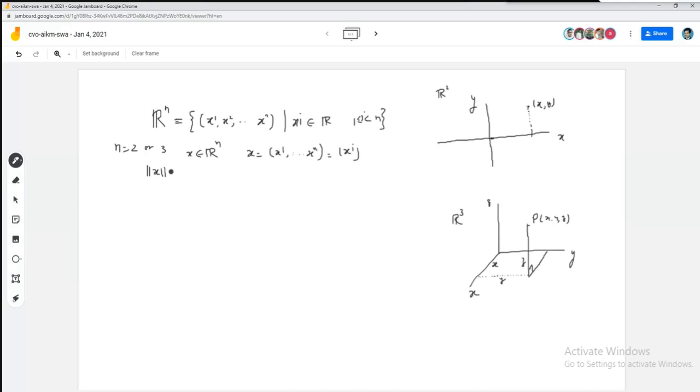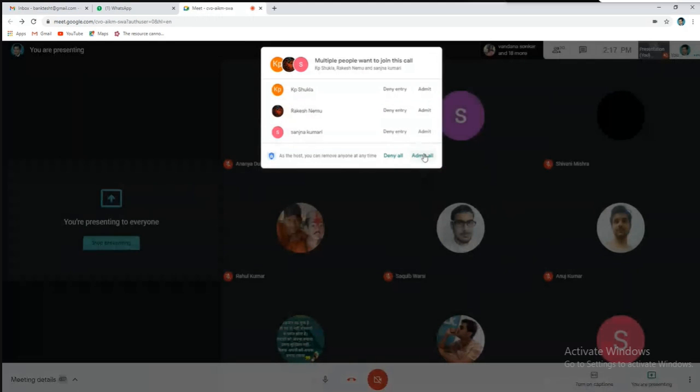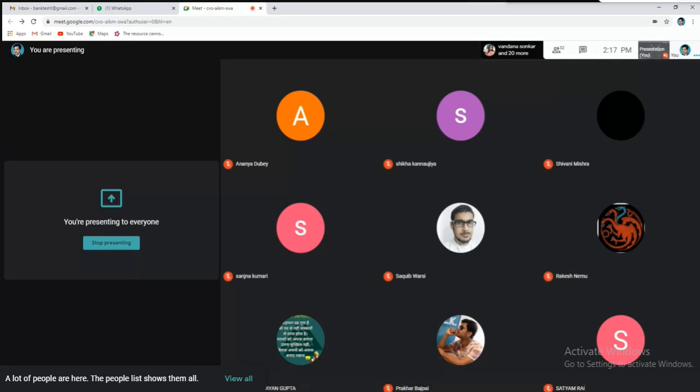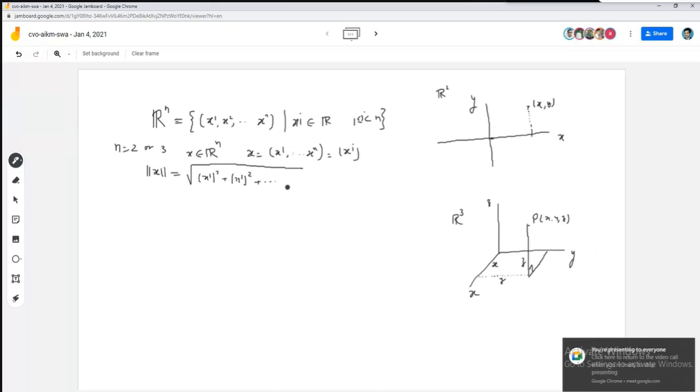The norm of x is also called the Euclidean norm, and it's defined as the square root of x1 square plus x2 square plus dot xn square.